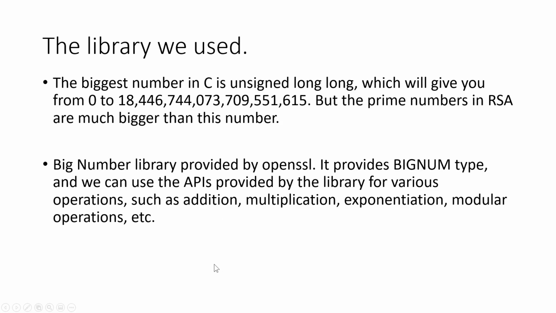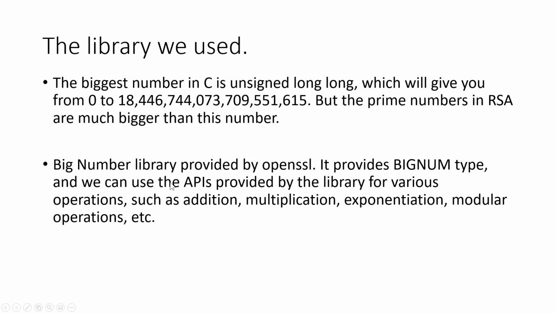In order to do this lab, we have to use a library we call the big number library. This is because the biggest built-in number in C is unsigned long, and the numbers in RSA, such as the primes, are much bigger than this.